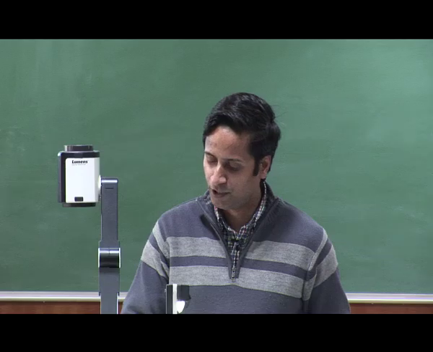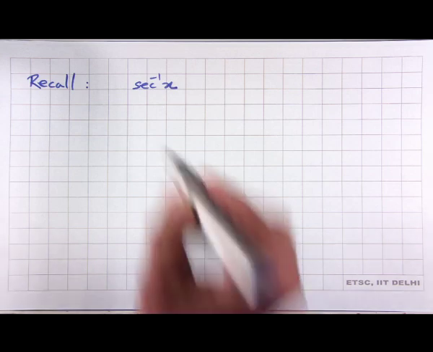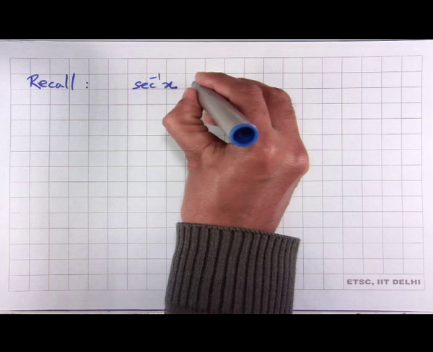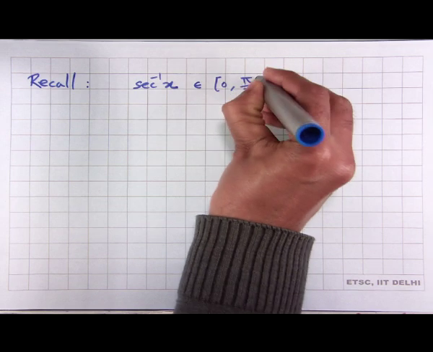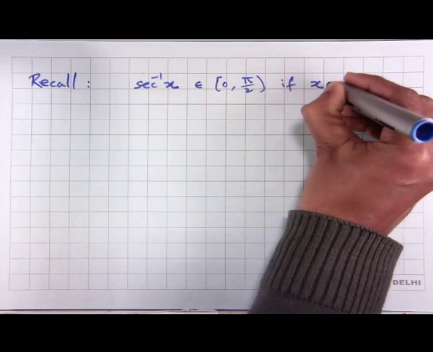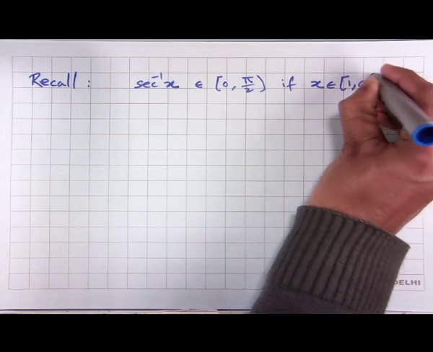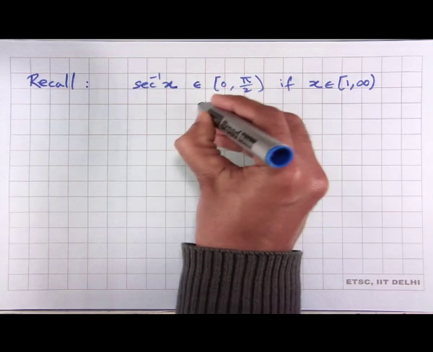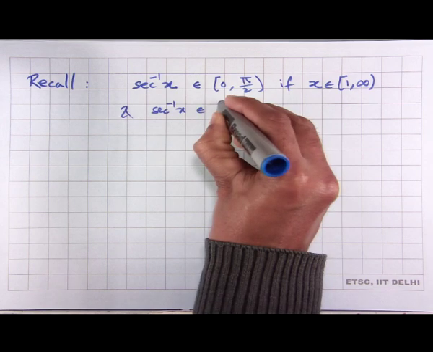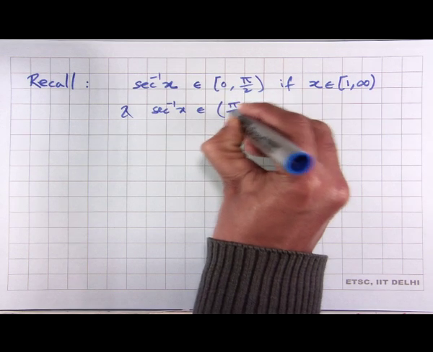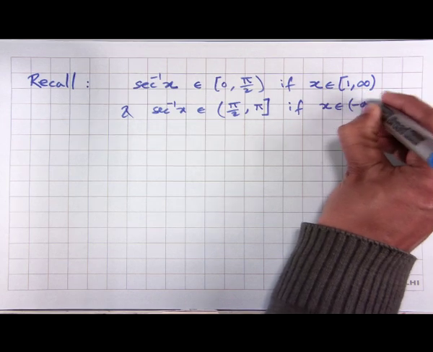So, recall from your trigonometry lectures that secant inverse of x belongs to 0 to pi by 2 if x is greater than 1, and this is in pi by 2 to pi if x is in minus infinity to minus 1.